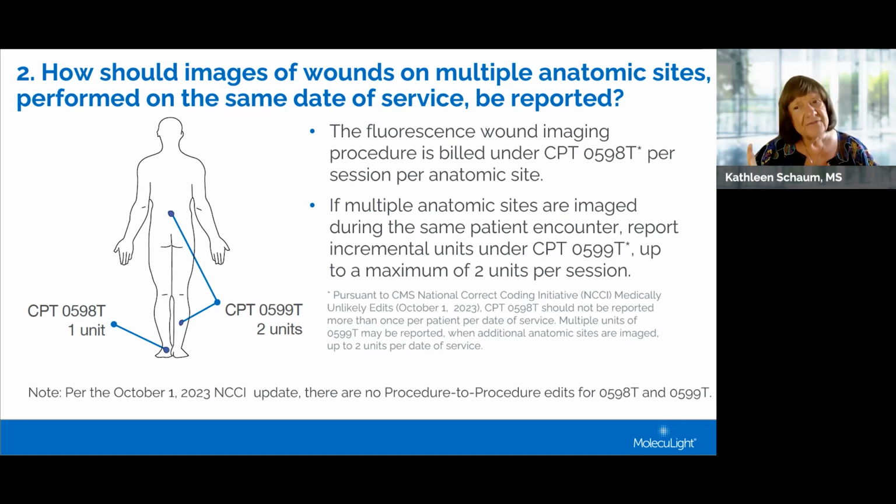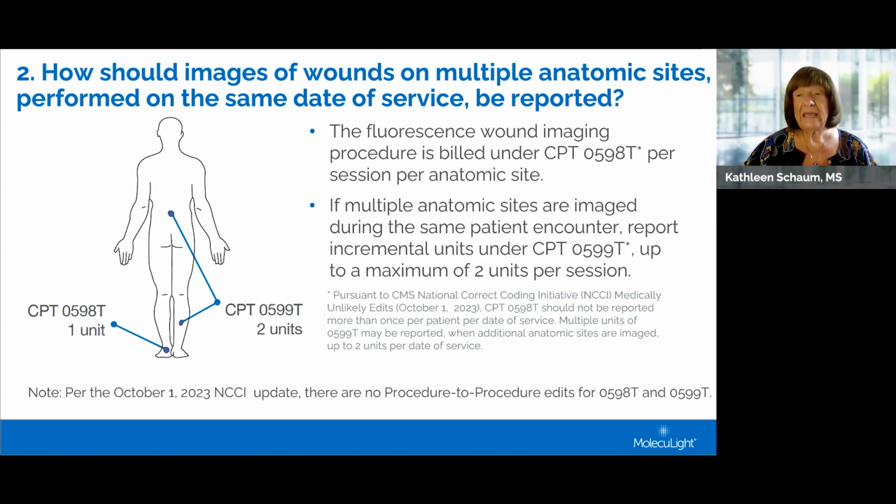Now, if this patient were to need an image of a 4th wound on a different anatomic site, such as the arm, the HOPD will not receive payment for that image because it exceeds the 0599T medically unlikely edit limit of 2 units.